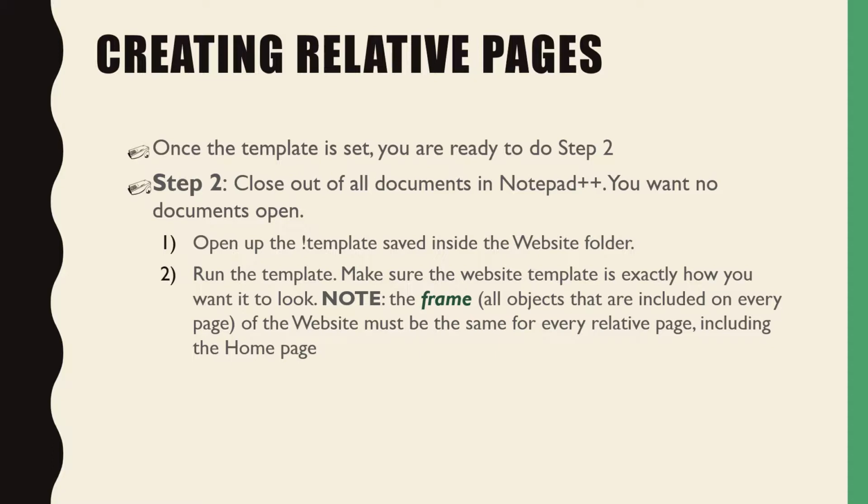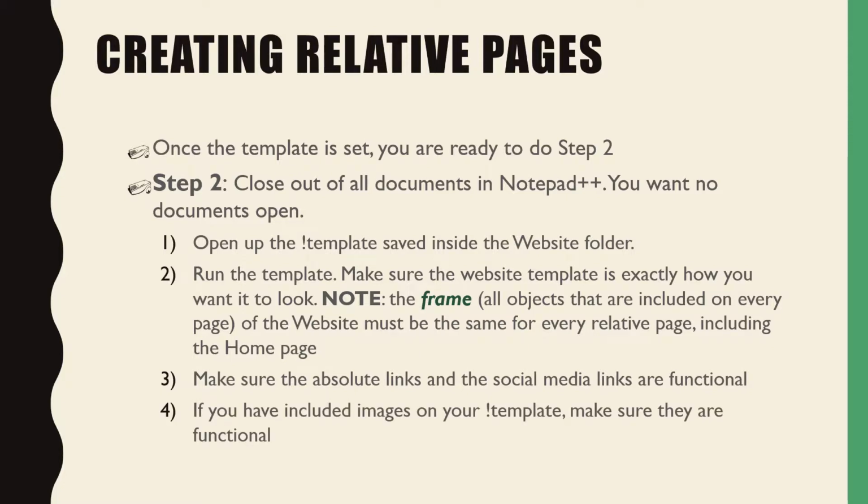Note the frame or the objects that are included on every page of the website must be the same for every relative page, including the home page. Make sure the absolute links and the relative links and the social media links are functional. If you have included images on your template, make sure they are functional.